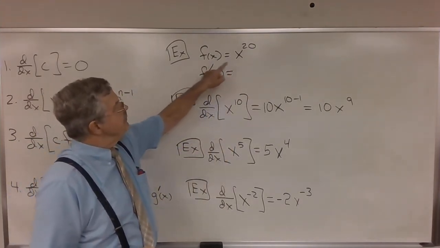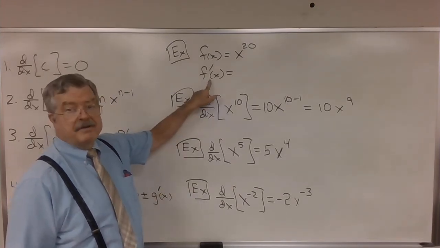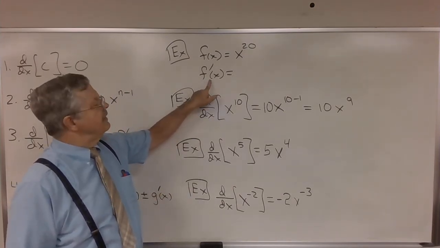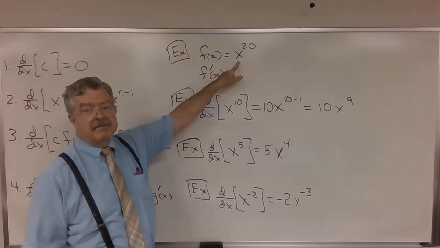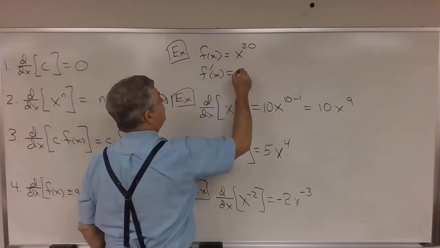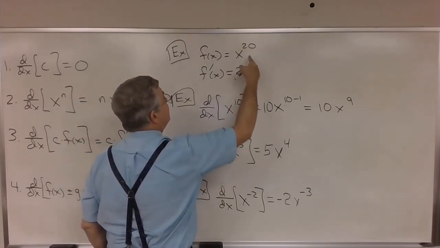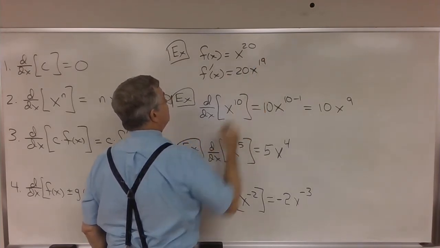f of x is x to the 20th. So what's the derivative of f of x? Well, it's the derivative of x to the 20th, right? Power rule problem. Bring the exponent down front, subtract 1 from the exponent.